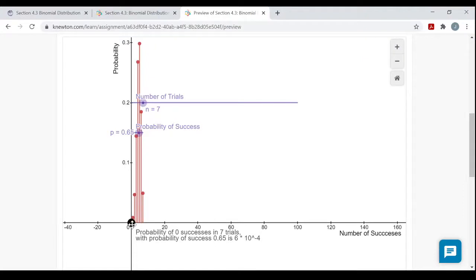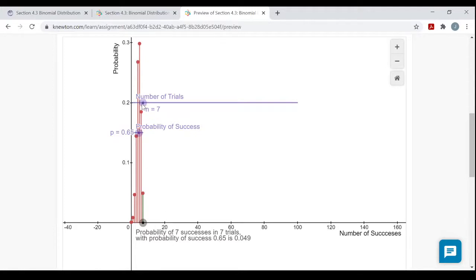Moving the black dot again, the probability of one success in 7 trials is 0.0083. Probability of two successes is 0.0466. The probability of 3 successes, 0.1442, 4 successes, 5 successes, 6, 7. All right. That was a scenario we just looked at.